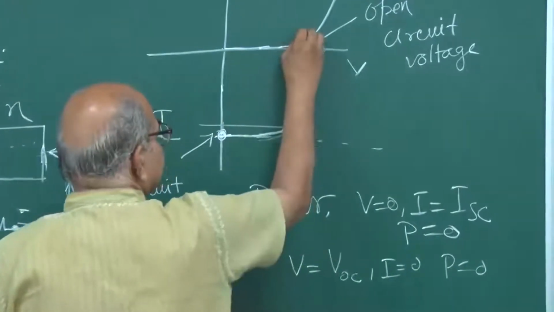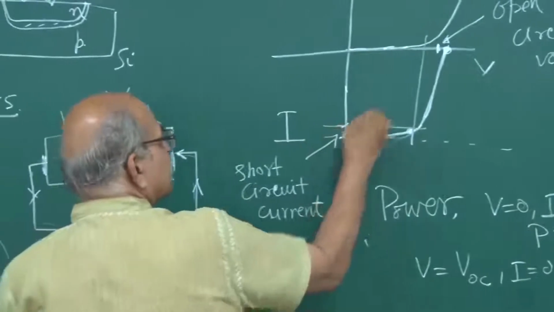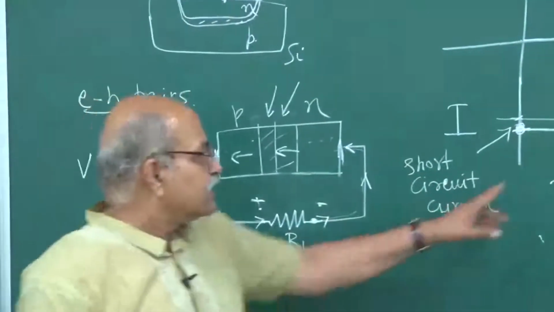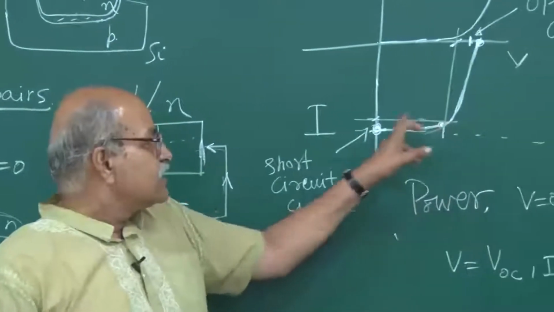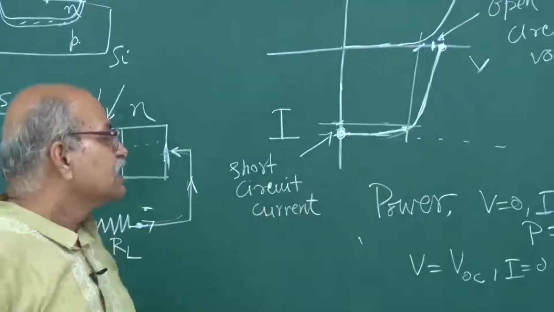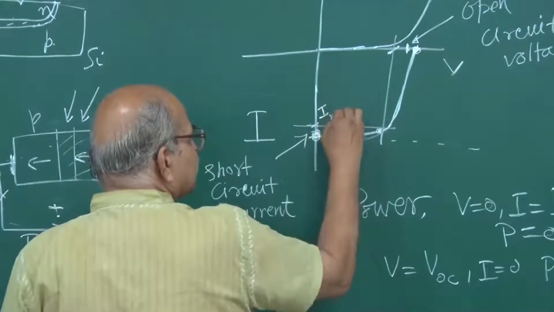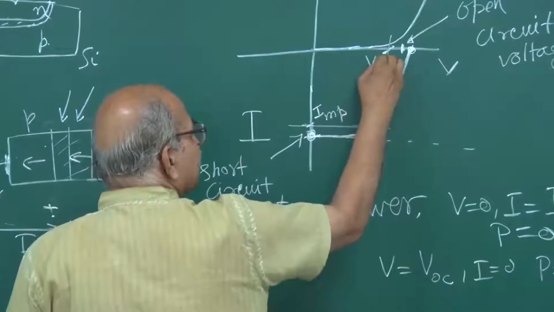So, this is it for this current and this voltage, right. When your system is such that you are at this point, current is this much, voltage is this much, then you have maximum power. So, this is current for maximum power and this is voltage for maximum power.